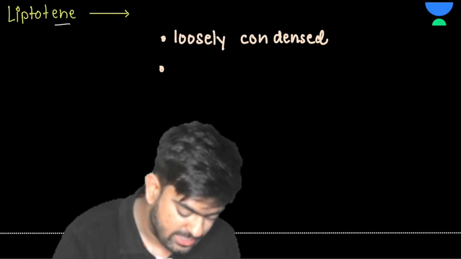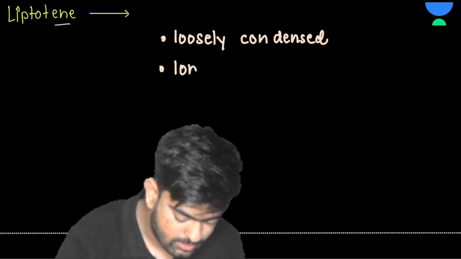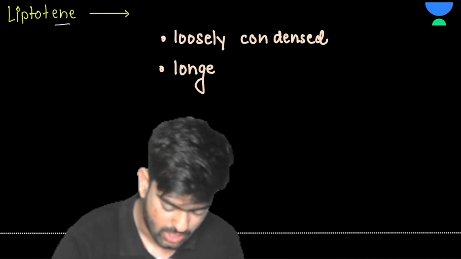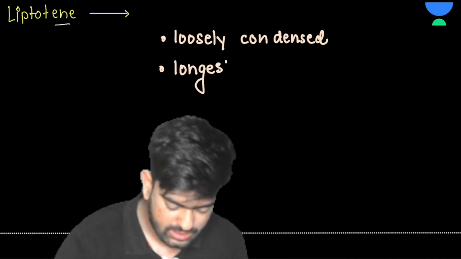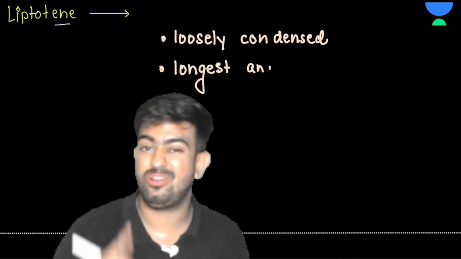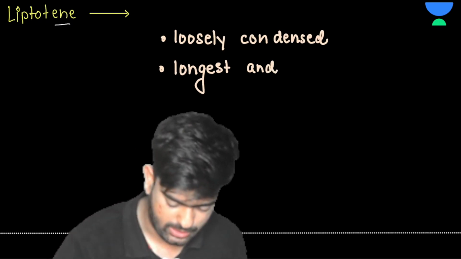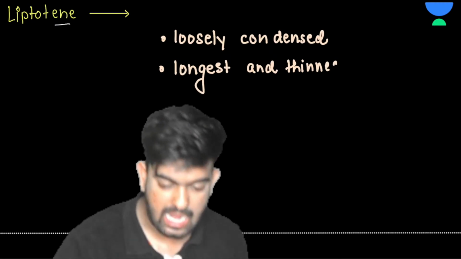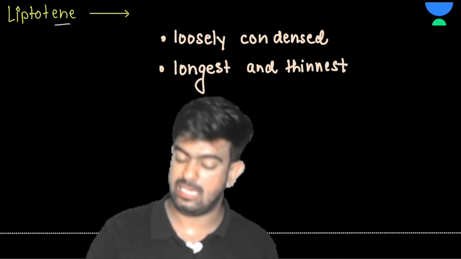So I'm going to write here: longest and thinnest chromosomes are found in leptotene. Very good. Keep an eye on me, I make lots and lots of spelling mistakes. Longest and thinnest chromosomes are found in leptotene.